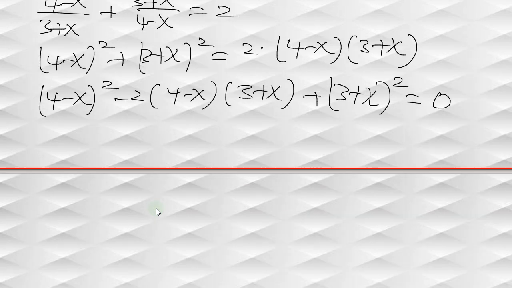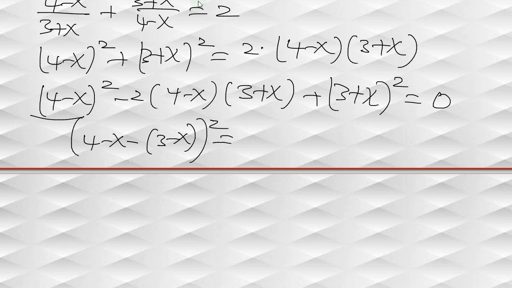Again, what do we have here, guys? We have a perfect square again, right? The first one squared minus 2 times the product of them plus the second one squared. So what we actually have is (4 minus x), the first term, minus the second one, which is (3 plus x), and this to the power of 2, and this is equal to 0.